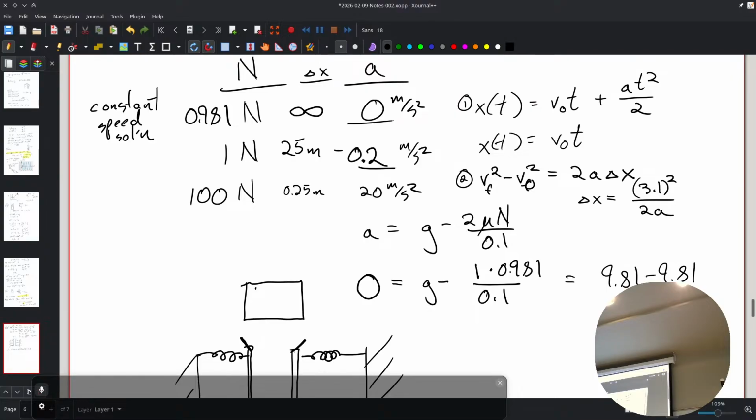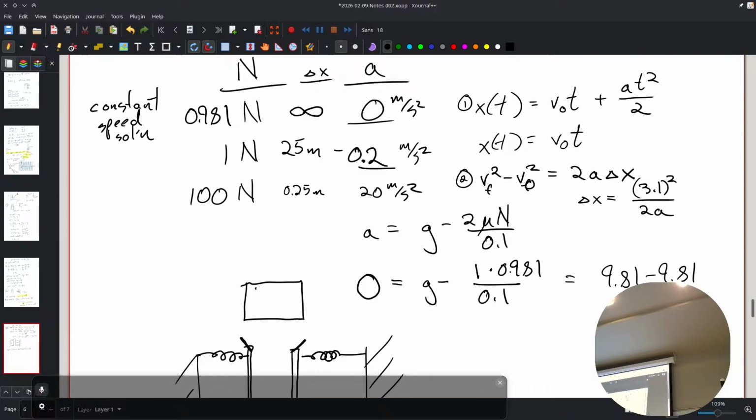Using the kinetic equation, v final squared minus v initial squared equals 2a delta x. We then said the final is 0, so you solve for delta x, getting v initial squared divided by 2a, with a negative.